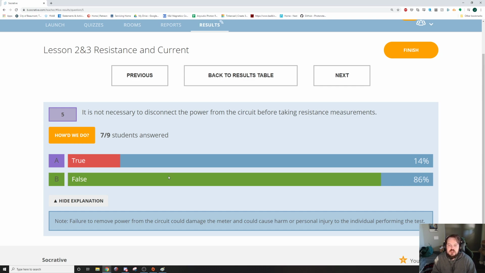The meters that we use are rated up to 600 volts. But be aware, if you put that meter connected to something over 600 volts, the meter could explode, because it is not designed for that higher voltage. And that's what happens when you put things on a higher voltage than they're designed for.